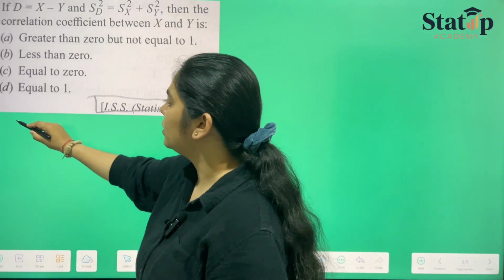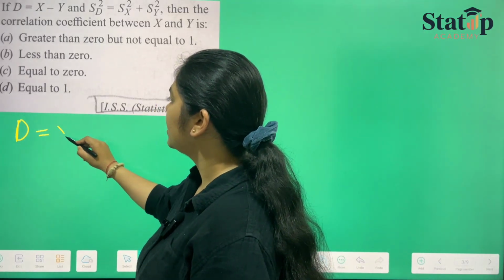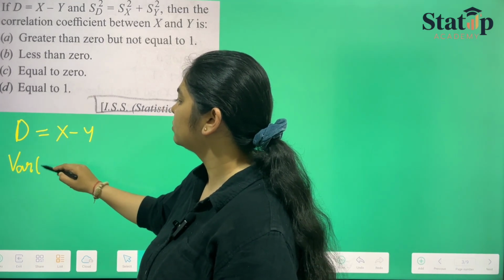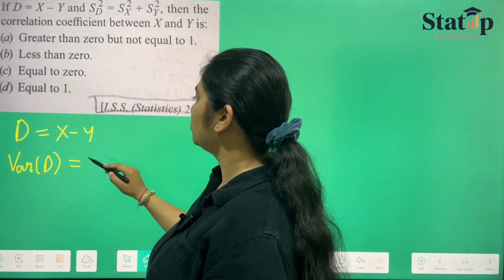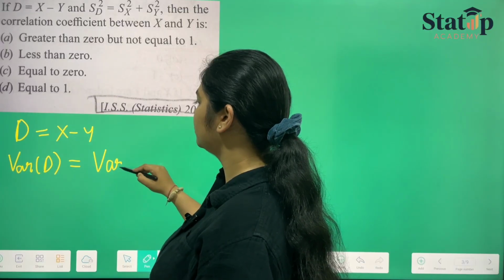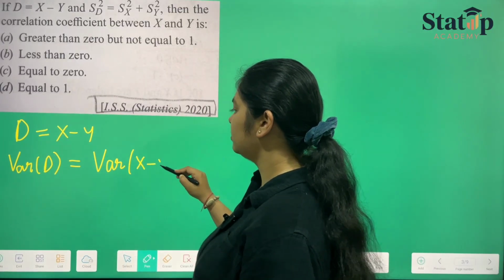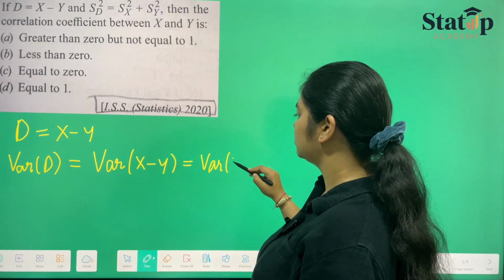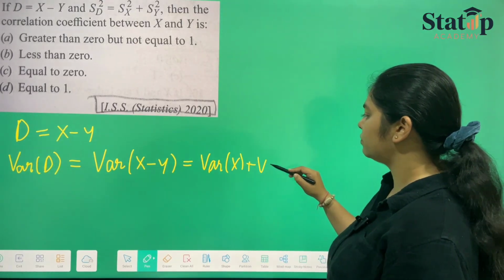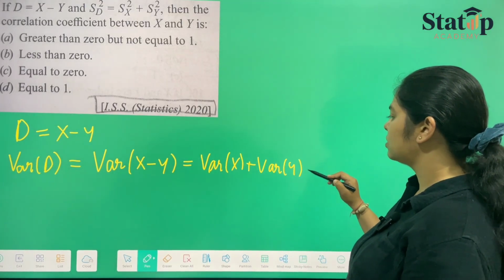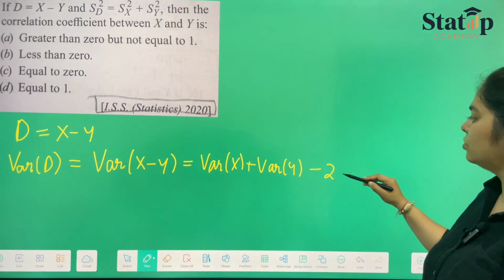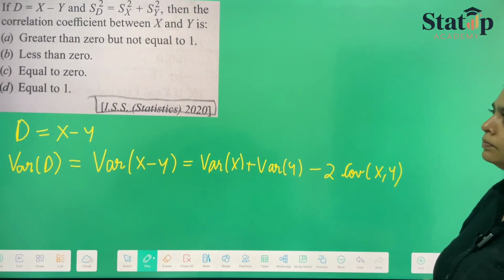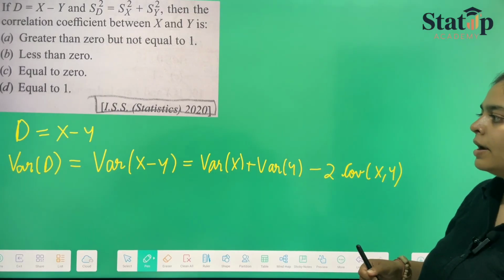So if we calculate, D has been given as X minus Y, so variance of D will be equal to variance of X minus Y, which will be equal to variance of X plus variance of Y minus 2 into covariance of X and Y. Okay, this will be our answer.